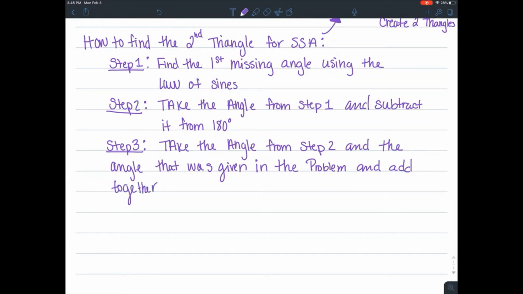Now, one of two things can happen. First, if I add them together, you're either going to be more than an amount or less than a certain amount.